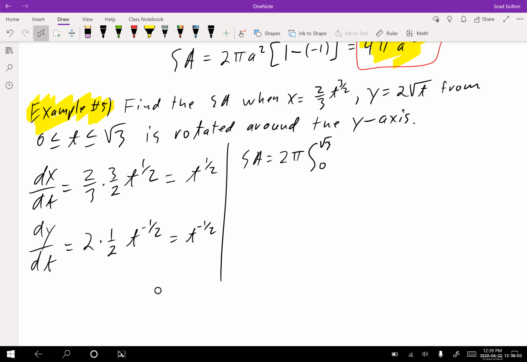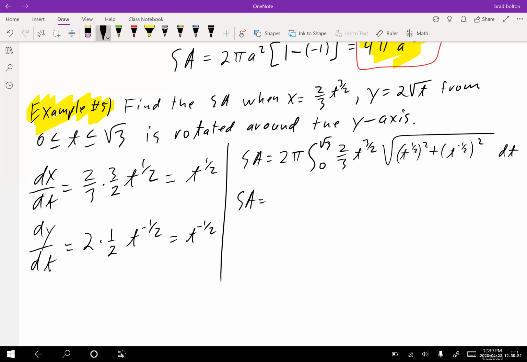Okay, hopefully you guys are back. Now we have to plug in. We know we're going to use x this time. I'm not going to mess that up. So this is 2/3 t to the 3/2 times the square root of something dt. Oh no, it's just t to the 1/2, so I'll plug in t to the 1/2 squared plus t to the -1/2 squared.